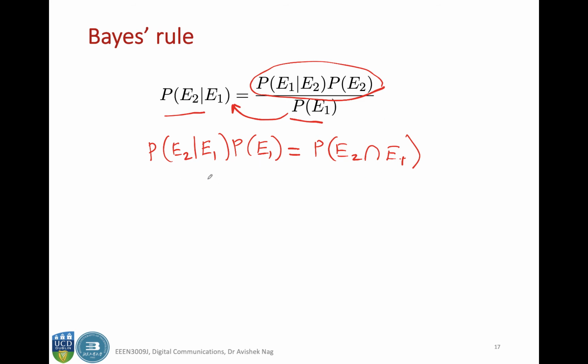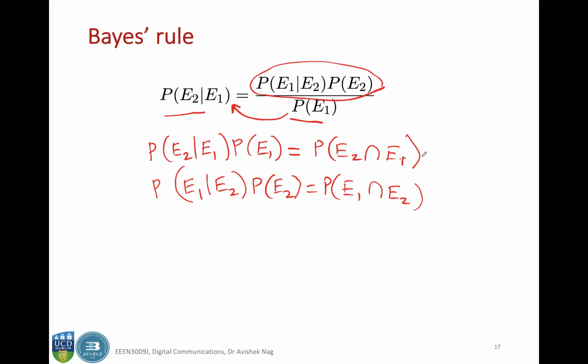So you can write it in another way: probability of E1 given E2 times probability of E2 is also the same.